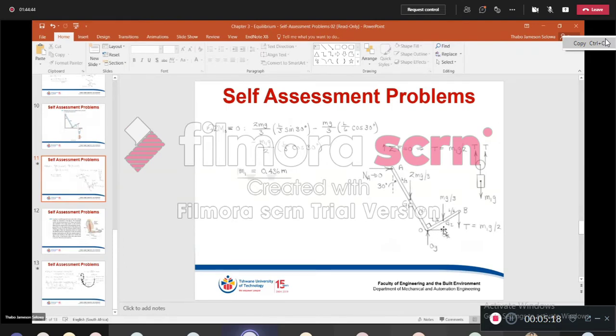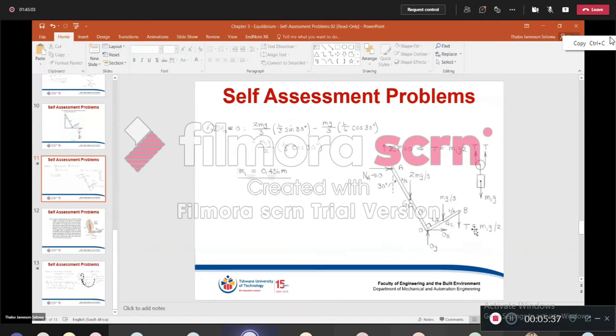And for the T, you consider your T as mg over 2.